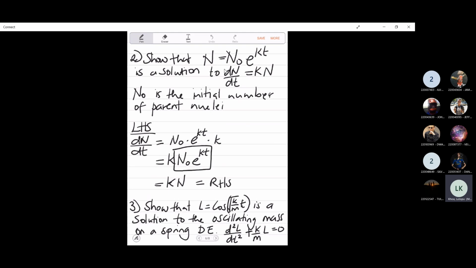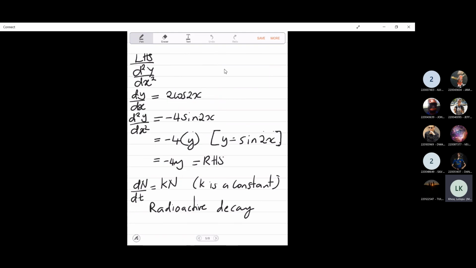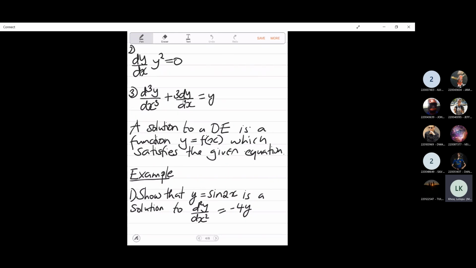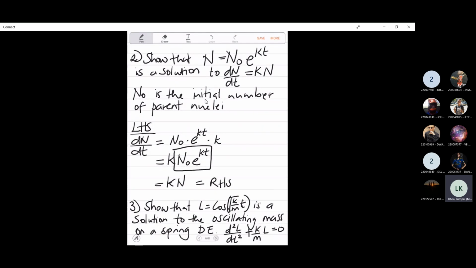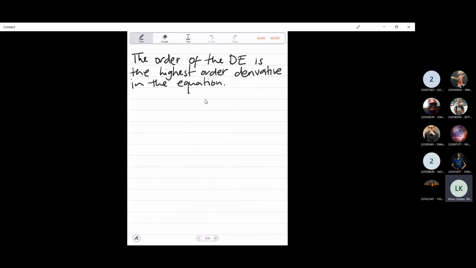This one is second order, first order, same one. And then this one is a third order derivative, first order differential equation. So you just look at the highest order derivative in the equation, and that tells you what the order of the differential equation is.